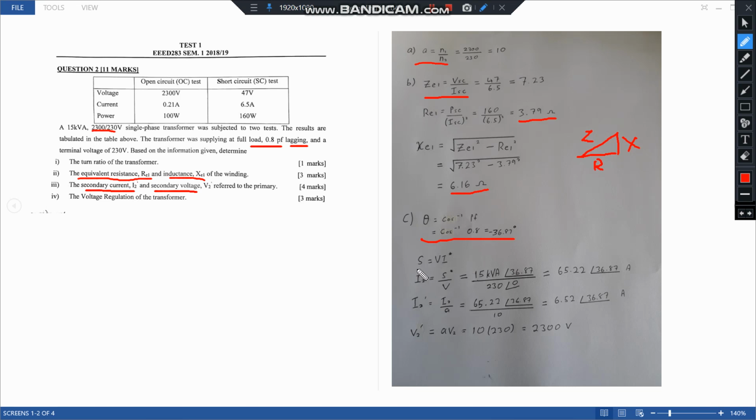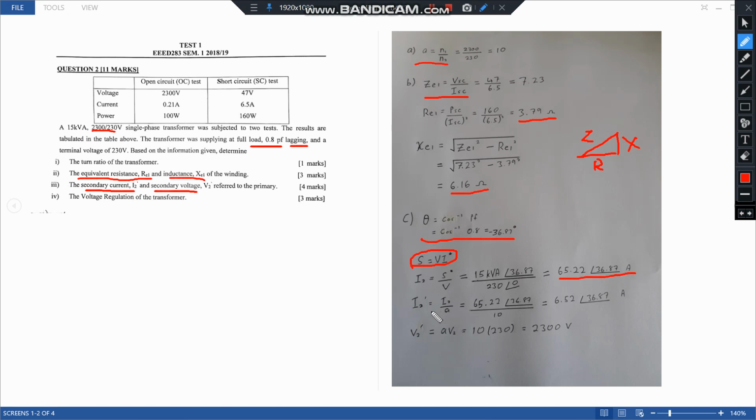After that you can use the complex power, S equal to V I conjugate. Then you need to find I2. Just simplify from this formula, and you will get I2 equal to S conjugate over V. After that just key in the data and you will get the answer.